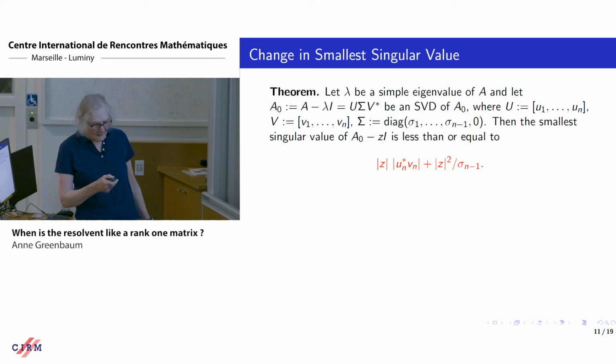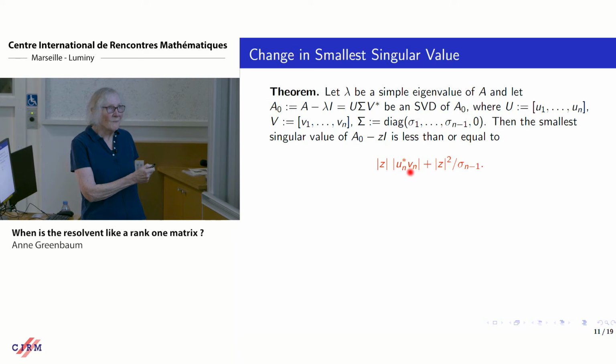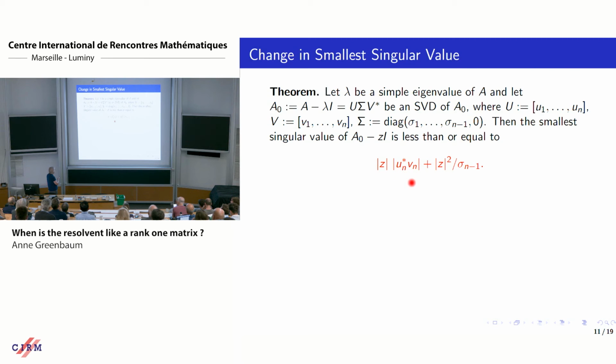So let lambda be a simple eigenvalue of A, and consider the matrix A0 equal A minus lambda I, and write its singular value decomposition. The smallest singular value of A0 minus Zi, so now I'm going to perturb it a little, is less than or equal to the absolute value of Z times the absolute value of the inner product of the singular vectors that correspond to that 0 singular value, plus a term involving the absolute value of Z squared divided by the first non-zero singular value.